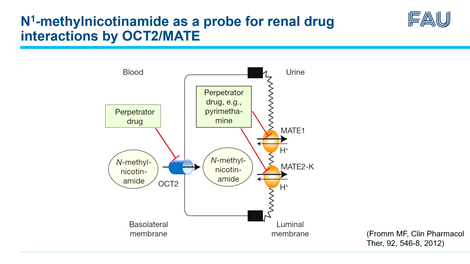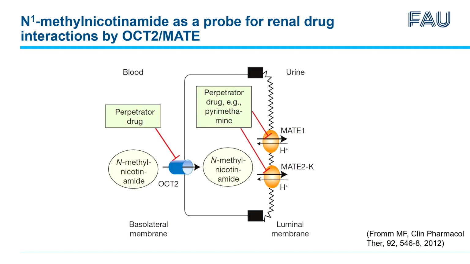So looking at a picture again, we have here this axis, OCT2-MATE mediated polarized transport from the blood side to the urine. We have a number of drugs being excreted via this axis, and metformin I mentioned as one example.